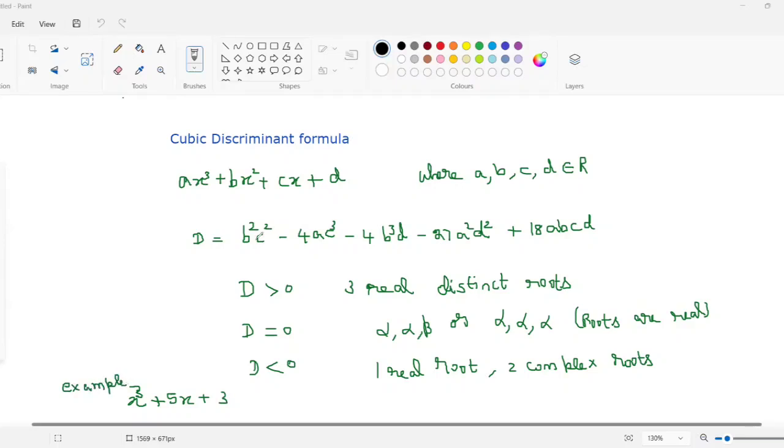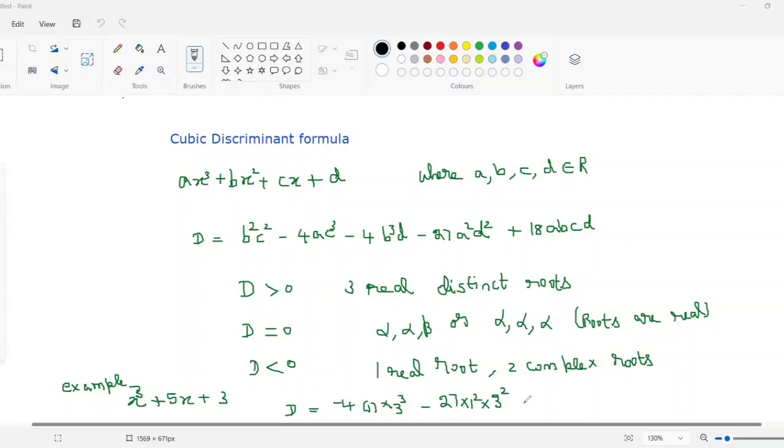If b is 0, then the first term, third term, and the last term all get cancelled off because they become 0. Minus 4ac cube: minus 4 into a value 1, c cube, that becomes 3 cube. Minus 27a square d square: minus 27 into 1 square, d square, that is again 9.